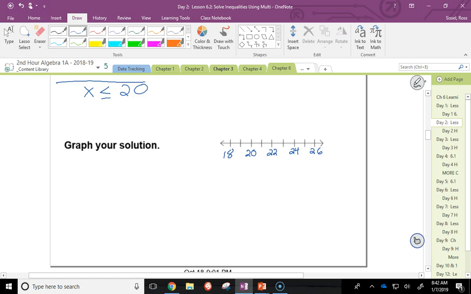I can do my number line however I like. Am I going to use a solid dot or an open dot? Solid, because it's or equal to. So we go to 20, and it is less than, so I am going to make my arrow to the left.